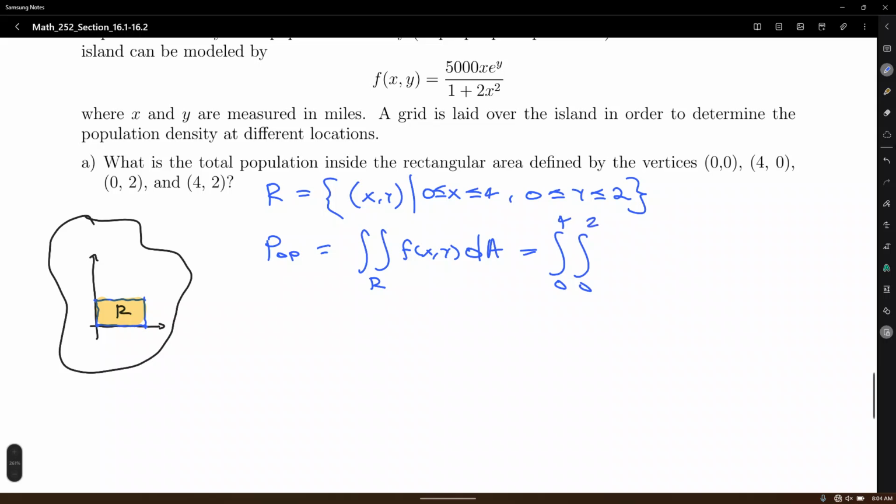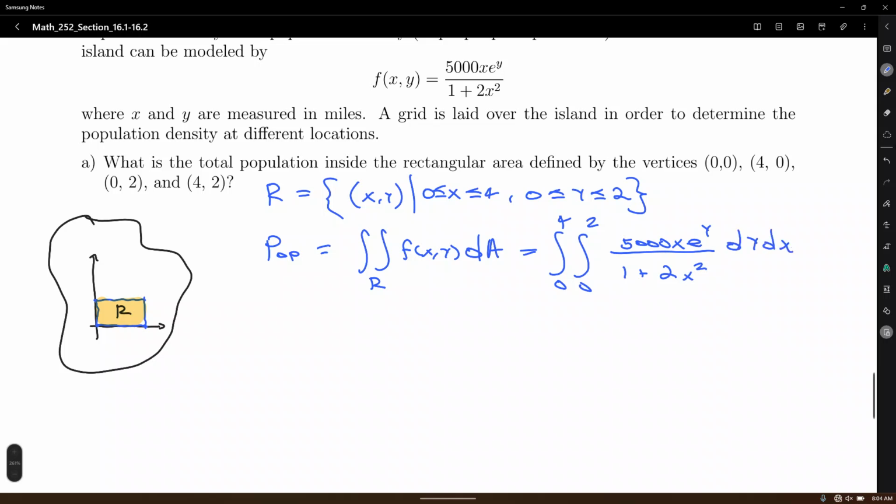The density function f(x, y) is 5,000x e^y over 1 plus 2x squared. And since I already put the limits, I'm going to go dy dx.